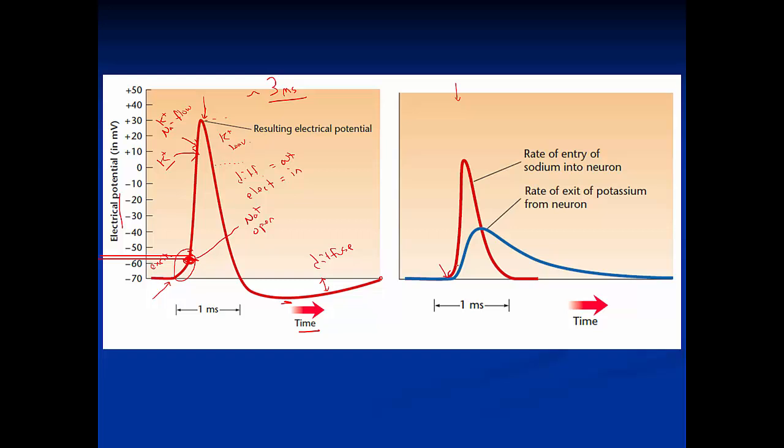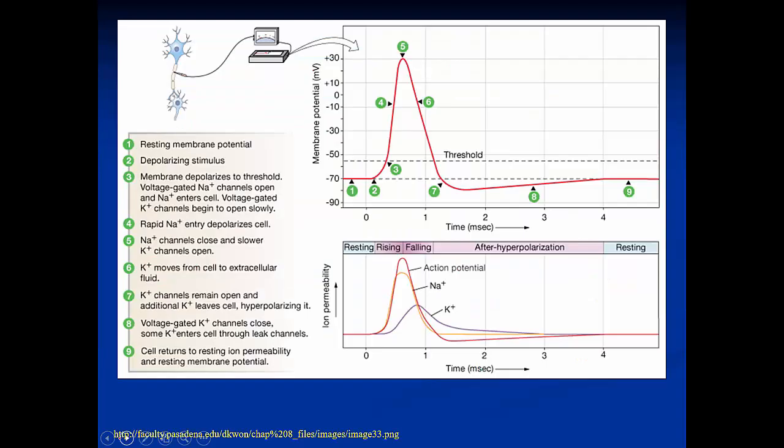If you look at the rate of exit of potassium, right, you can see it starts later. That's when the voltage-gated potassium channels open. Right? It lasts longer, which makes sense, obviously. But you can also see how much lower it is than the rate of sodium influx. Okay, that's why sodium wins. This is a great diagram.